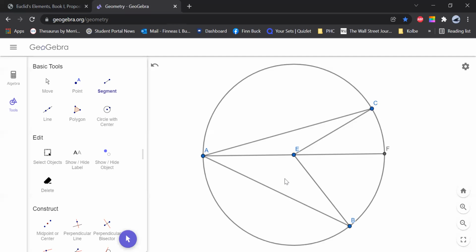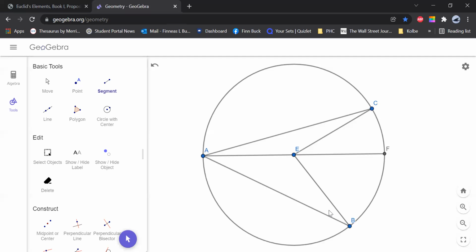Therefore, because 2 EAB and BEF equal the exact same thing, those two things equal each other. If things equal the same thing, then they equal each other. That's common notion 1. So the conclusion is BEF equals 2 EAB.